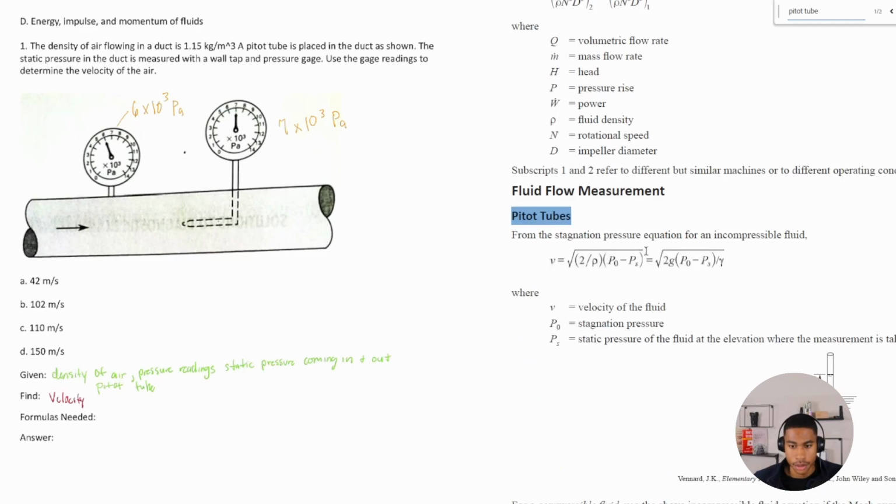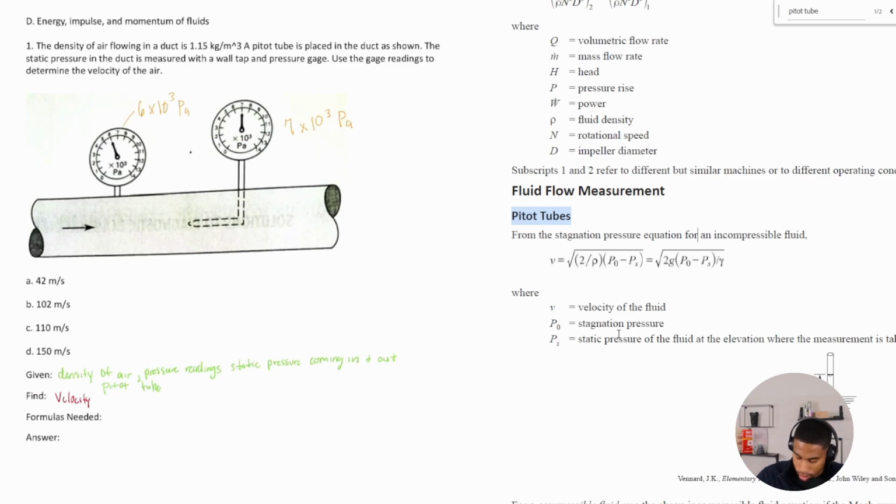All right, Pitot tubes. Okay, so V is the velocity of the fluid. Well, in this case, it's going to be air. And then there are the stagnation pressure and the static pressure of the fluid at the elevation where the measurement is taken. So PS is the start, and P0 is where it ends.